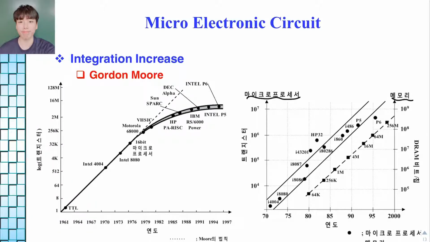We have three fields. First, more Moore, second is more than Moore, and third is beyond Moore.